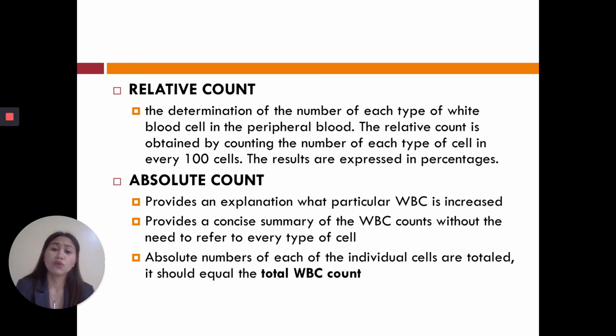So when you compute absolute count per WBC, you have absolute count for lymphocyte, monocyte, neutrophil, basophil, and eosinophil. The counts of those 5 WBCs must have a total equal to the value of the patient's WBC count. I hope you do get that.